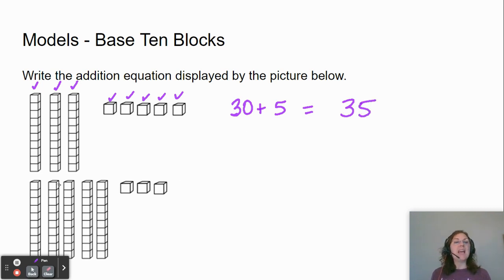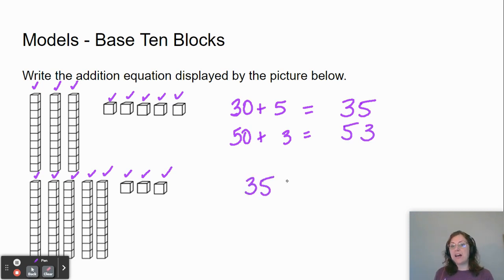Okay. And then if you look at the bottom, you have 1, 2, 3, 4, 5. So you have 5 10 rods and you have 3. So that would give you 53. And then so you would add 35 plus 53, and you could see that we would get 8 10 rods and 8 unit cubes.